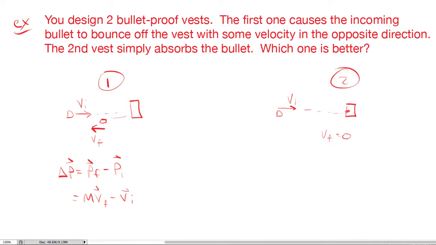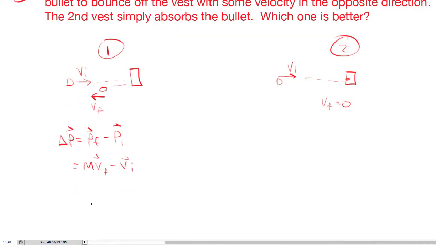Right? I'm not giving you any numbers or anything like that, but I do know the sign of my final velocity. So I'm going to write this as mass times the negative magnitude of the final velocity, since the final velocity is in the negative x direction if I call the right positive x. I'll just put in the magnitude of the final velocity here, just to make it really clear what we're talking about. This is a minus sign.